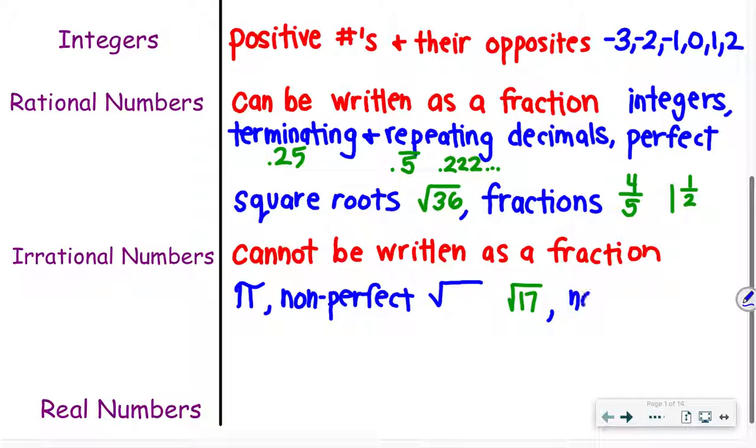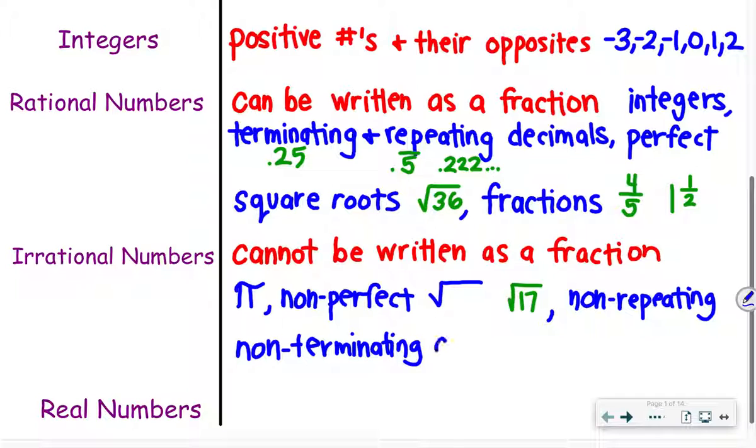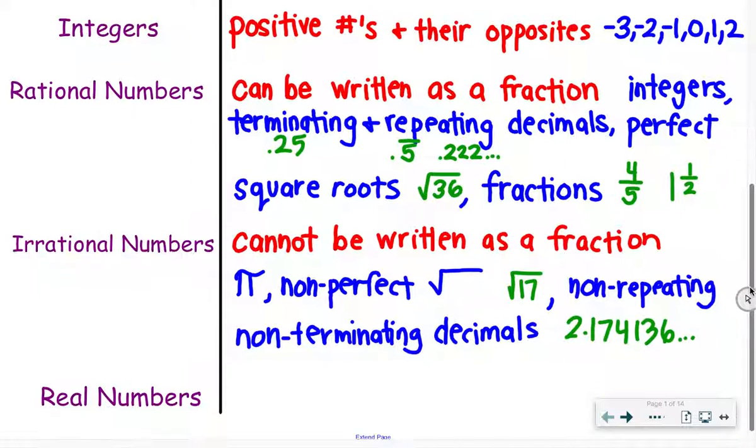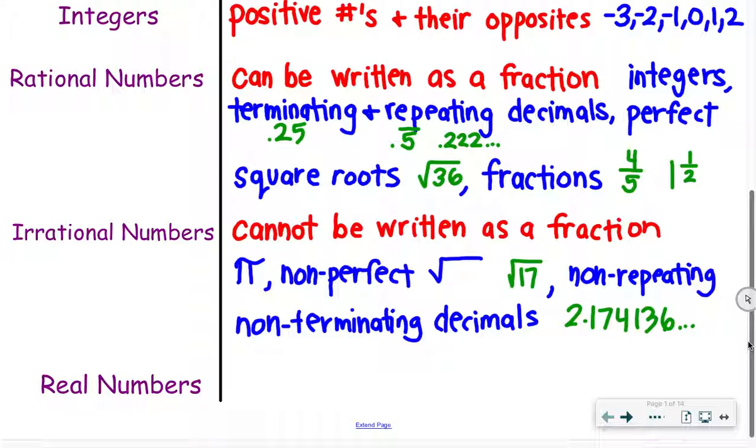And then non-repeating, non-terminating decimals. That means a decimal that doesn't stop and doesn't repeat. Like 2.1741336... no repeating, and it keeps going forever.